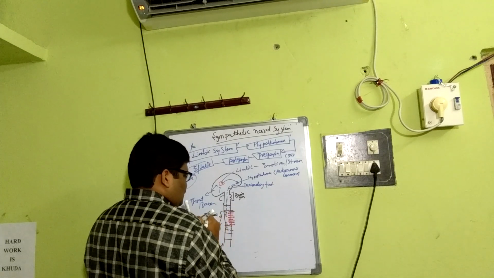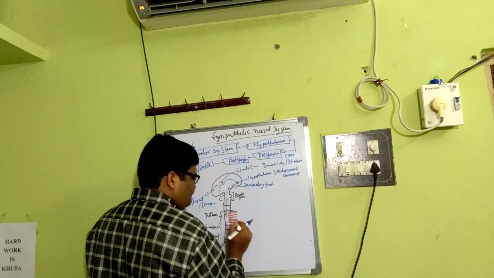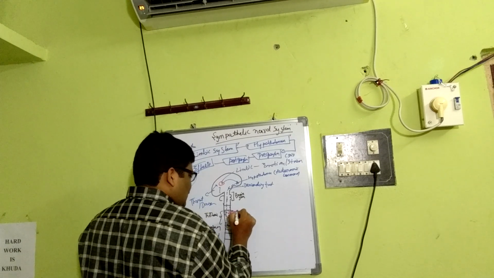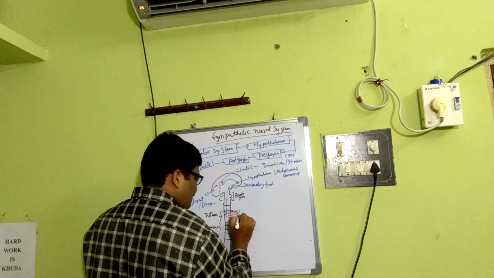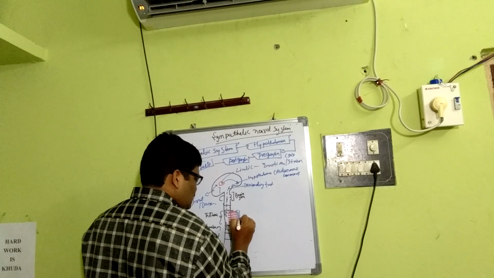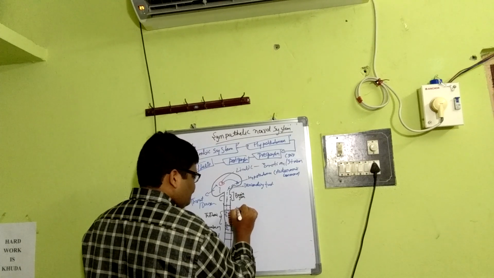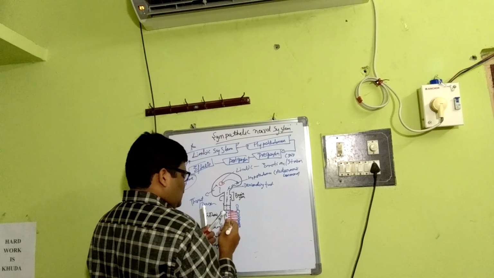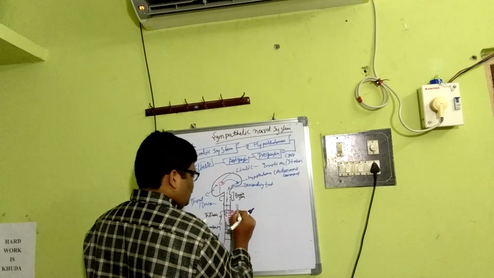For this I am giving a representation for understanding. These are preganglion. Then these are the ganglions. Then the postganglion.